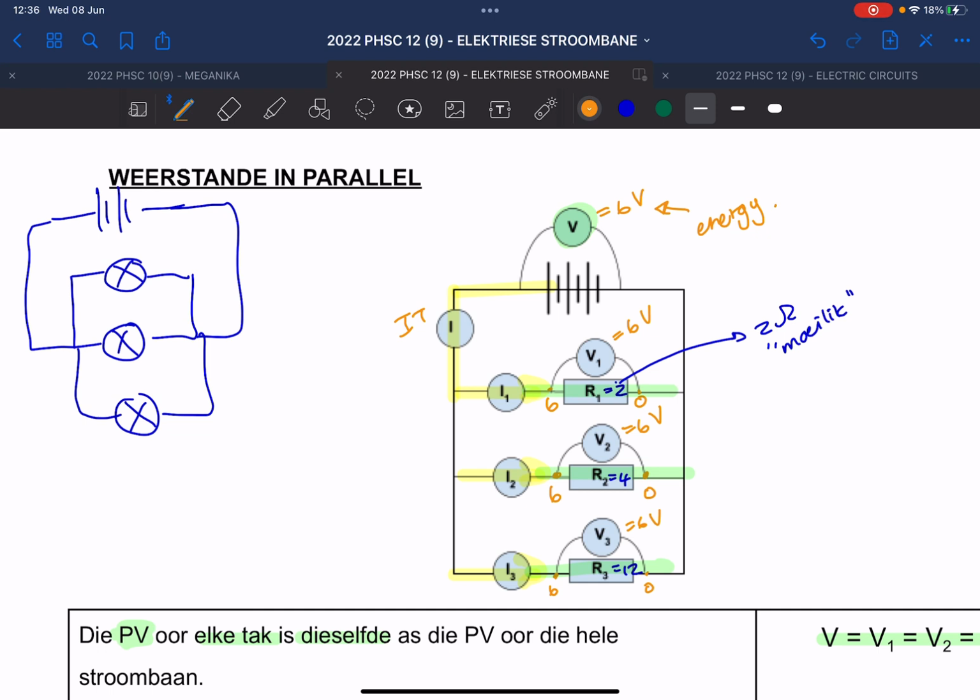They'll say they're all equal. They will not give a value. So dan maak jy 'n waarde op. Sê nou maar jy sê 2 ohm, 2 ohm, 2 ohm. Of 1, 1, 1. Of wat ook al, 10, 10, 10. Right. How will the total resistance be affected if we add another light bulb in parallel? Hoe gaan die totale weerstand geaffekteer word as ons nog 'n gloeilamp in parallel sit? Increase, decrease, or remains the same?